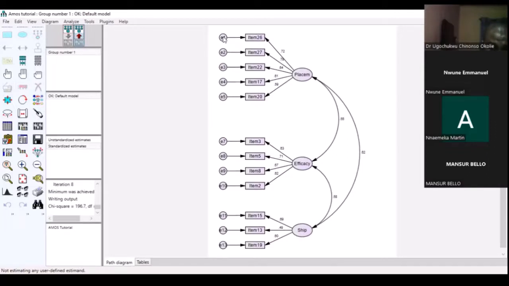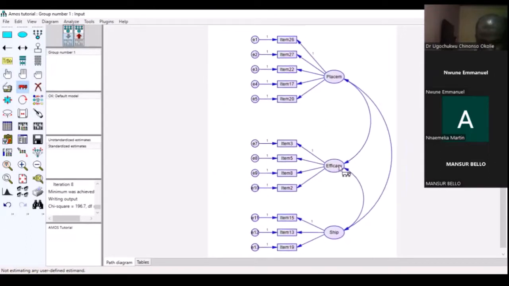If this is error 1 and error term 2 is in another factor here, we cannot covary from here to here. A lot of people will covary from here to here to forcefully achieve model fit, so we don't need to do that. Okay, what we need to do now is select all, and we'll give a little space here.